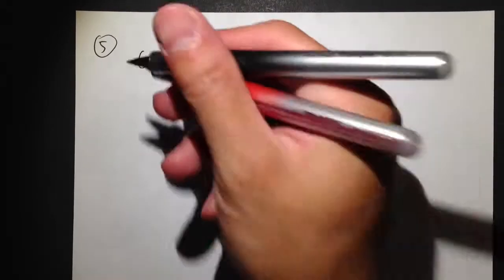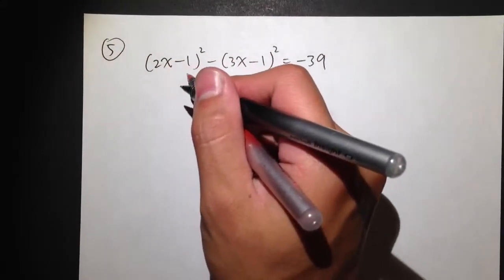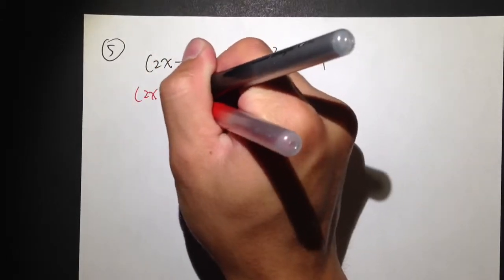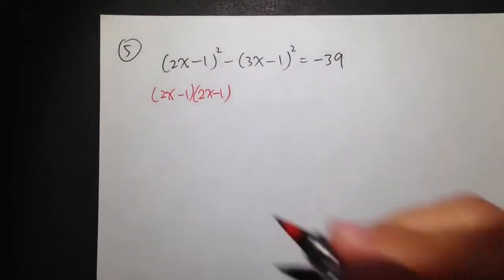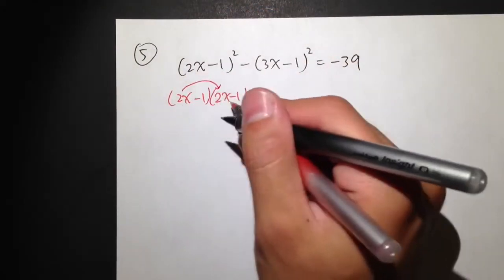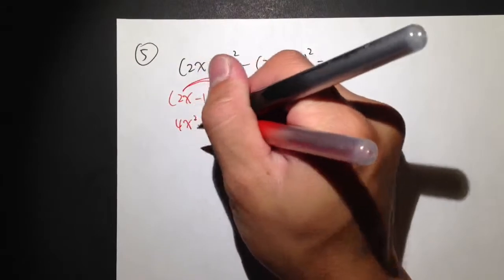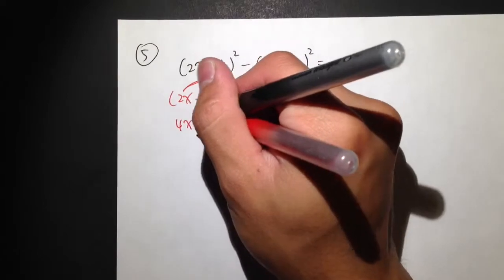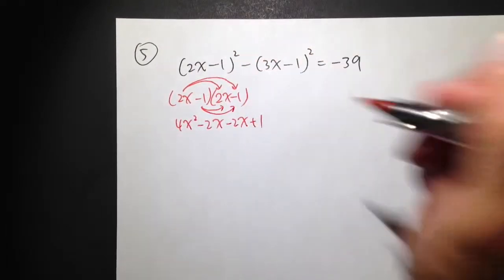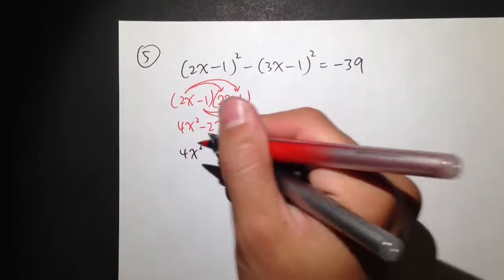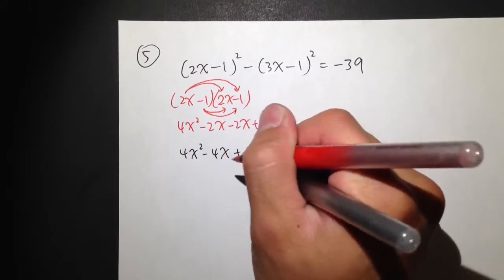For (2x - 1) squared, this means (2x - 1) times (2x - 1). Then you can distribute using the FOIL method. 2x times 2x is 4x squared, then 2x times negative 1 is minus 2x, negative 1 times 2x is negative 2x, and negative 1 times negative 1 is positive 1. If we combine terms, all that becomes 4x squared minus 4x plus 1.